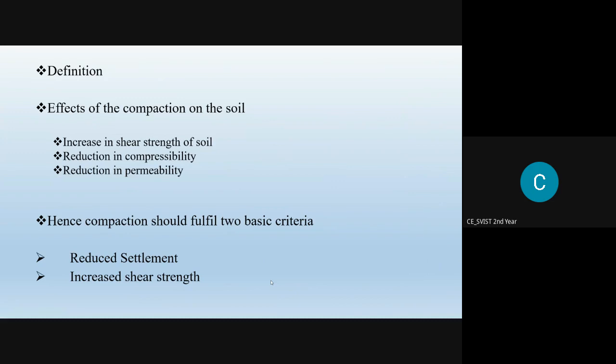We can say that compaction should fulfill two basic criteria: reduce settlement and increase shear strength. These two factors mainly determine the strength of the soil. So compaction should improve these two factors. That's why we are doing the compaction.